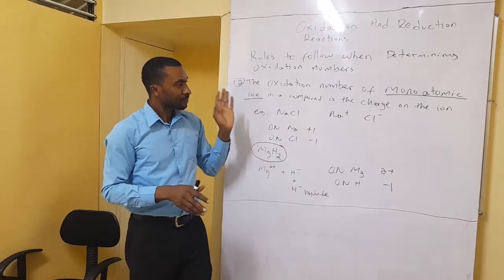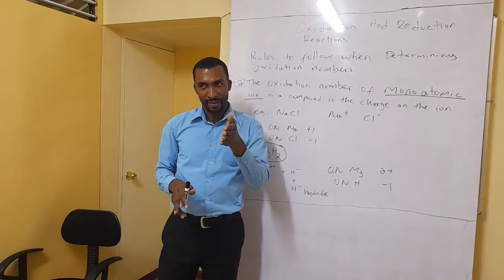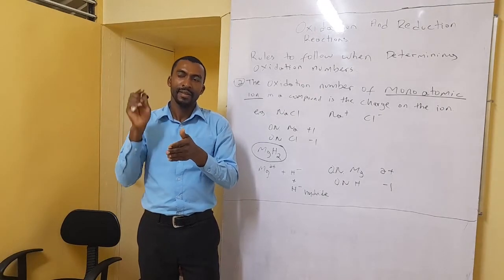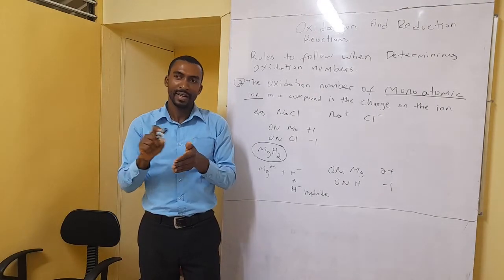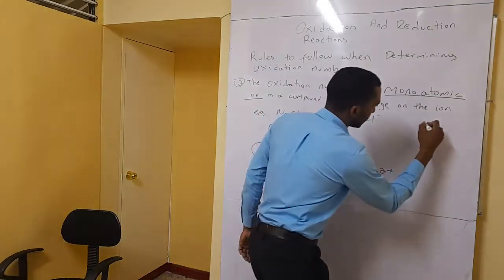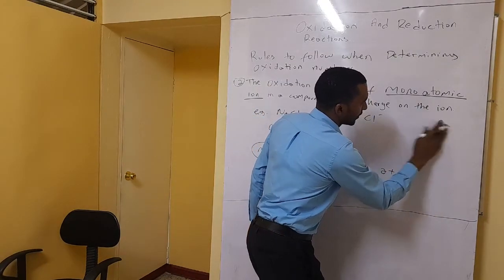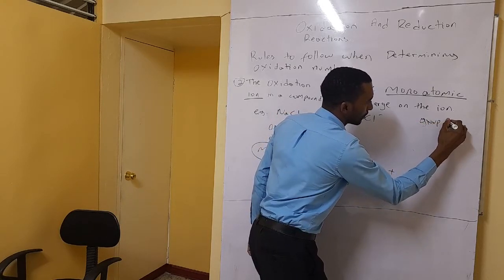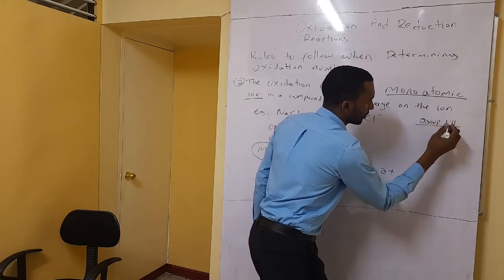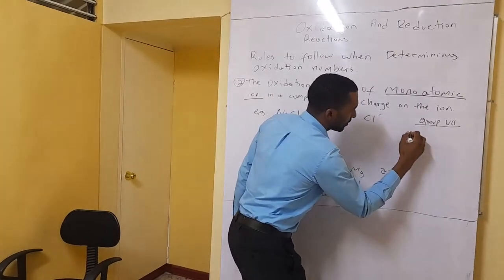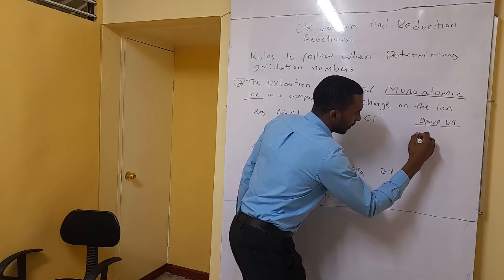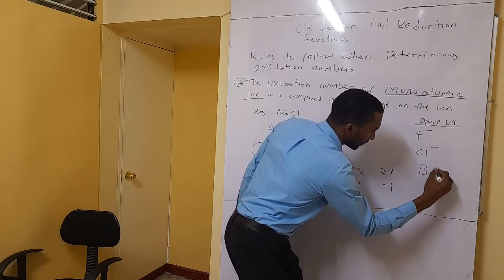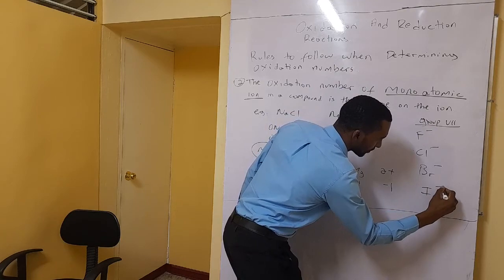For group 7 ions, those are the halogens. All the halides like fluoride, chloride, bromide, iodide, group 7.